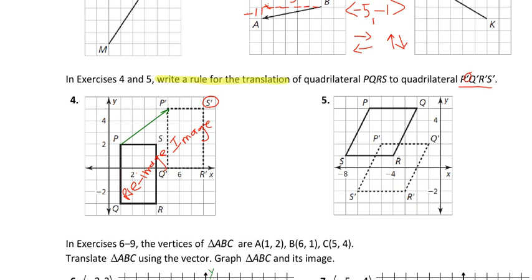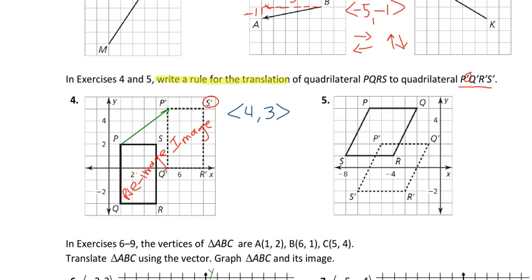So the vector is going to be positive 4, positive 3, because we're going to the right and up. So the vector in component form is 4, because we're going 4 to the right, and positive 3, because we're going 3 up.